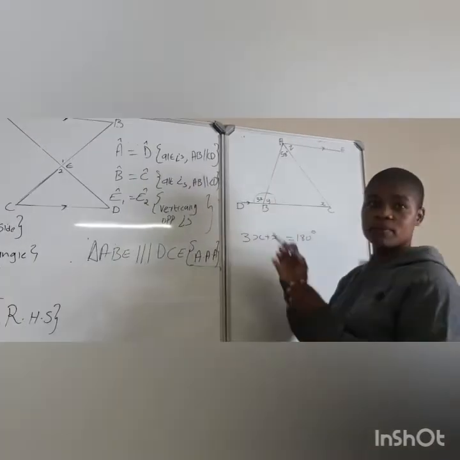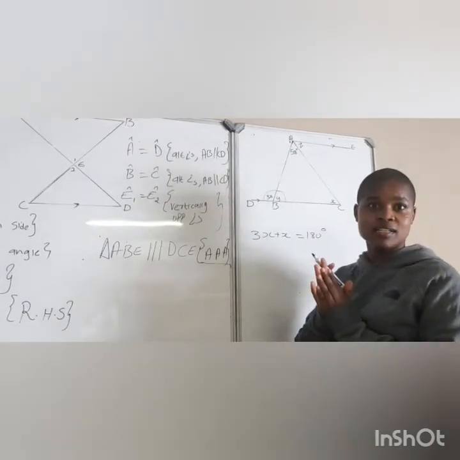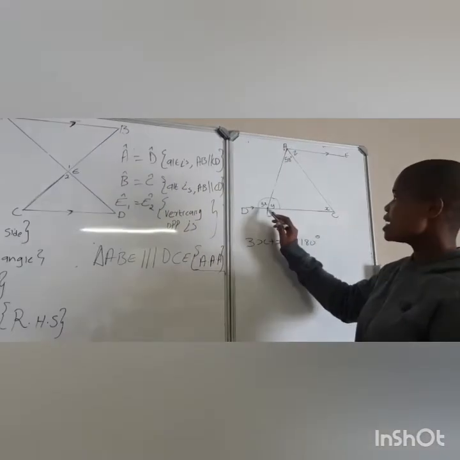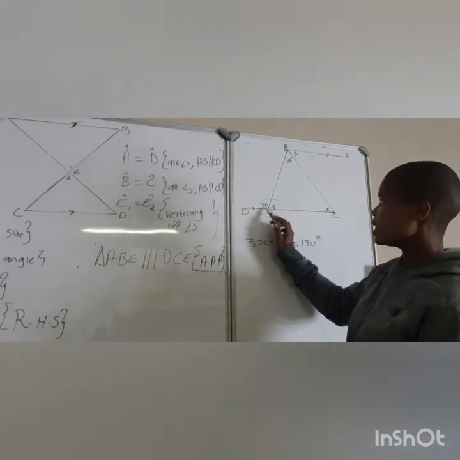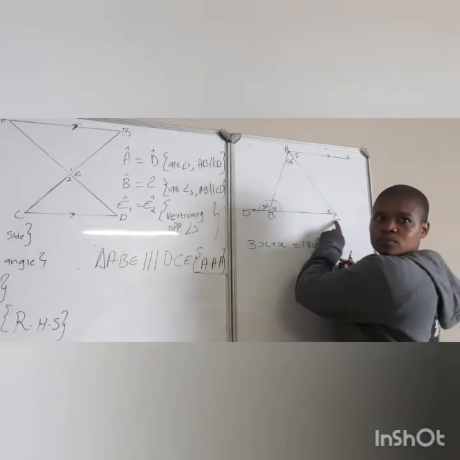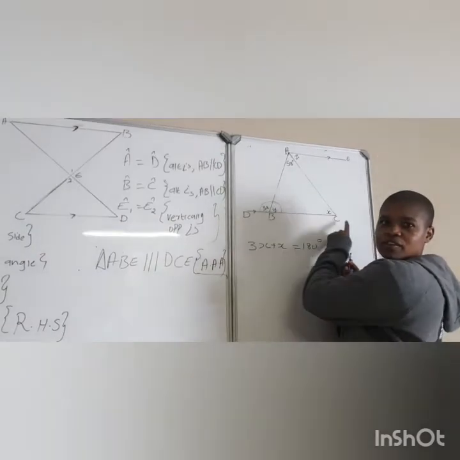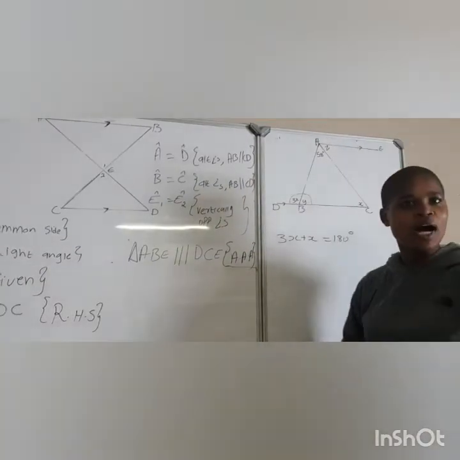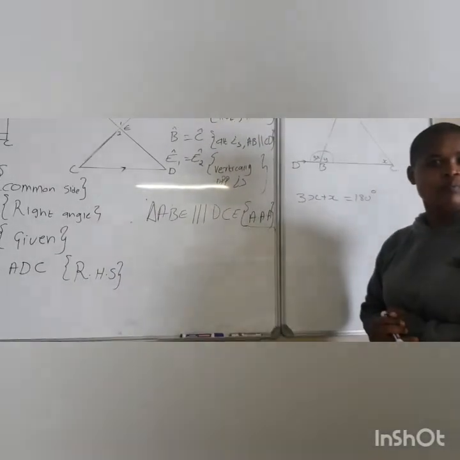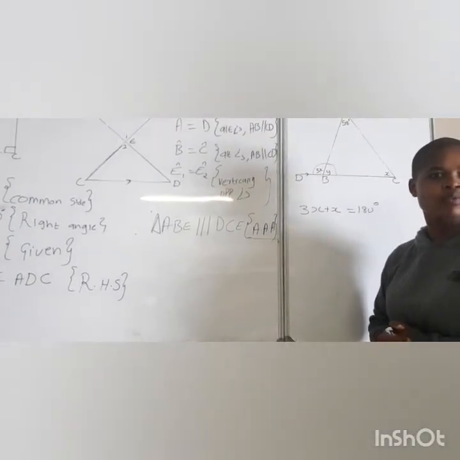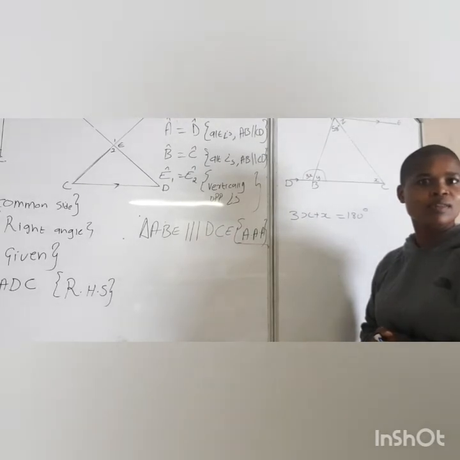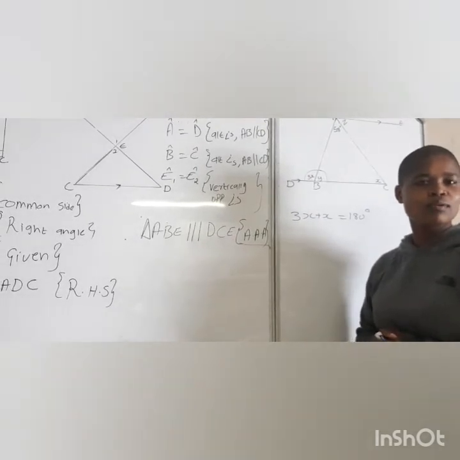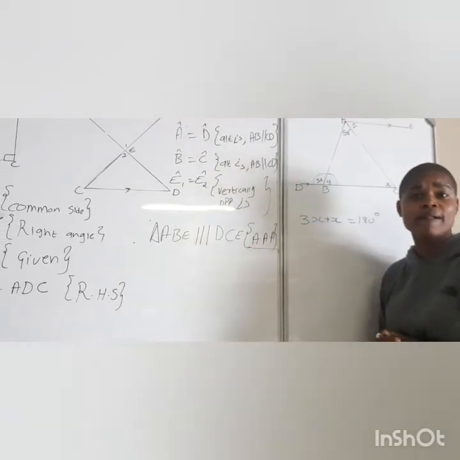When I add them, they will give me 180. But you cannot take an angle here that far from this angle. 3x is very far from the x there, and you say they are angles on a straight line. What about the y?